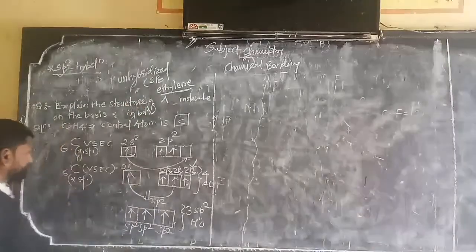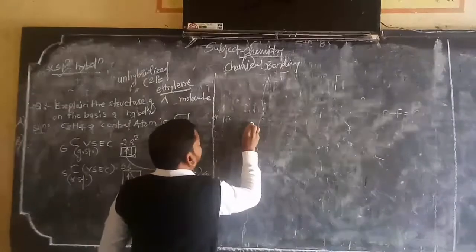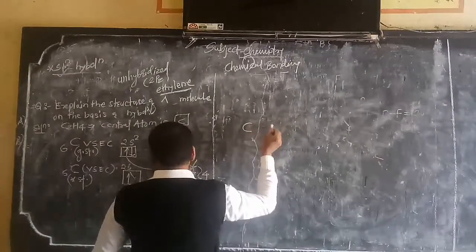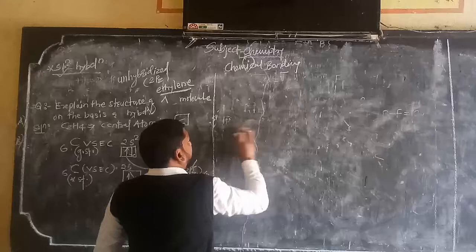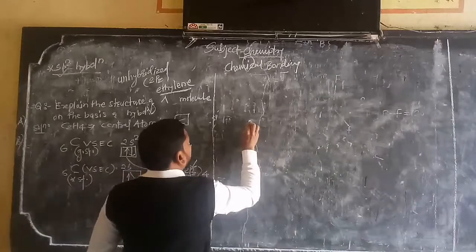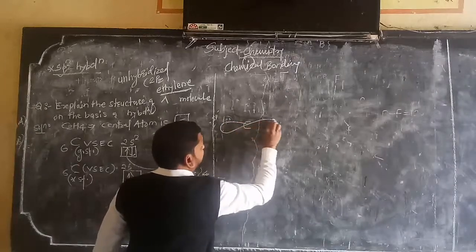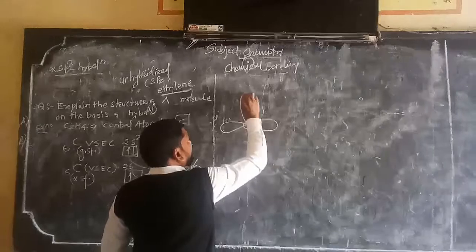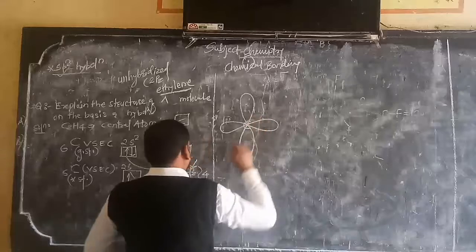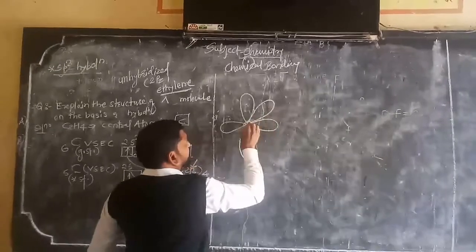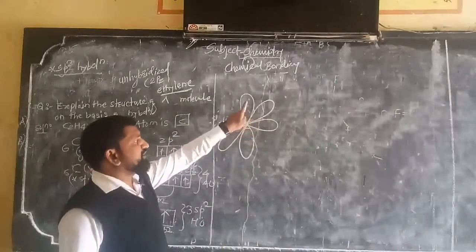Now let us draw first what happened. Carbon. So see here very carefully. Now how many orbitals does it have? sp2, sp2, sp2.